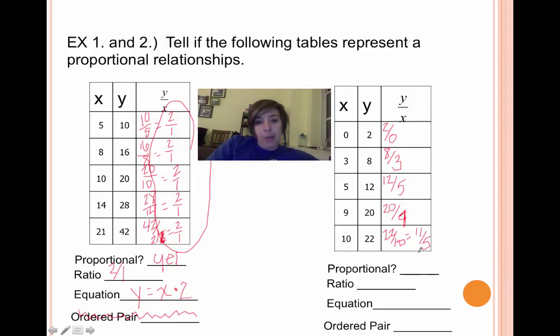Is this proportional? Are we getting the same ratio like we did with this one? The answer is, of course, no.